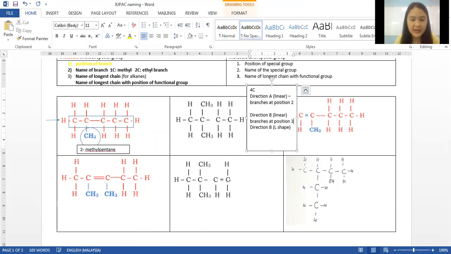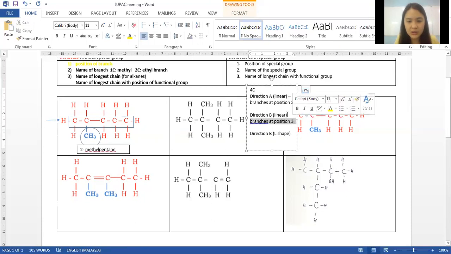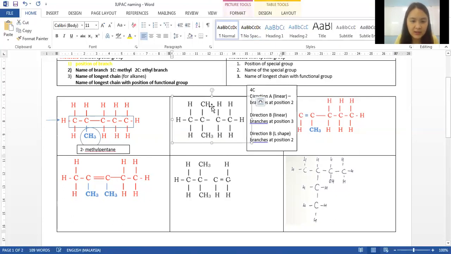Next, if I go L shape, whether you go L up or L down, you will realize that your branches, which is anything outside, are at position 2 as well. If you go L shape over here, this is your branch at position 2, and this is your branch at position 2 as well.